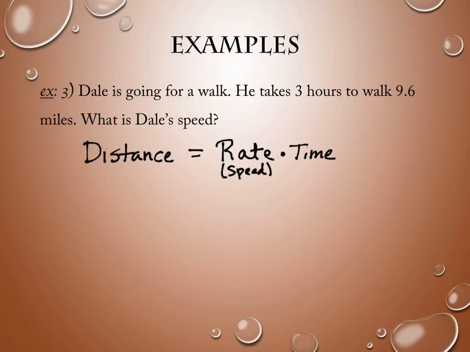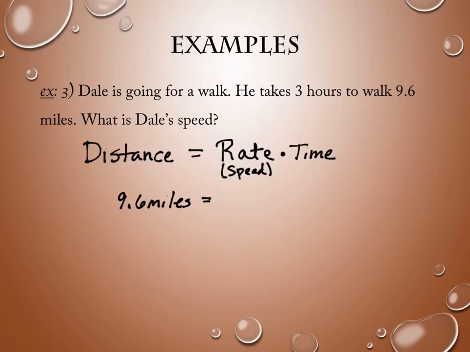So in this problem, you are told the distance. The distance that Dale walked was what? 9.6 miles. For the purposes of this problem, I'm going to leave my units on just so you can see where the units still come into play in the end. The last two problems were sort of not so necessary to see that. It tells you the time.